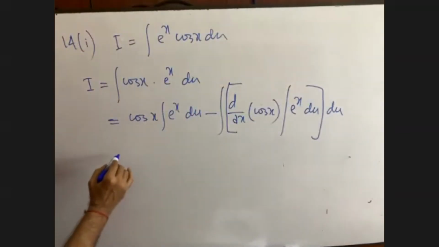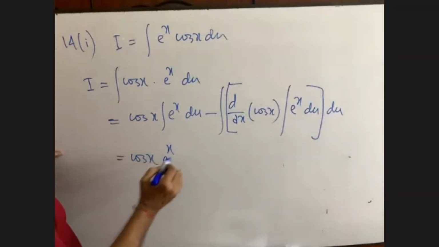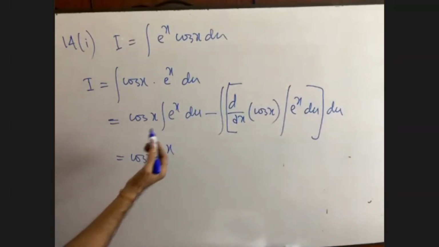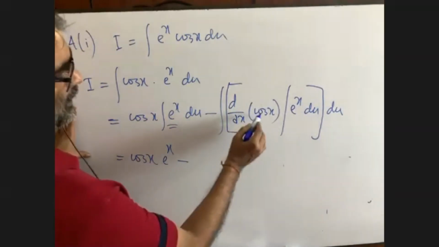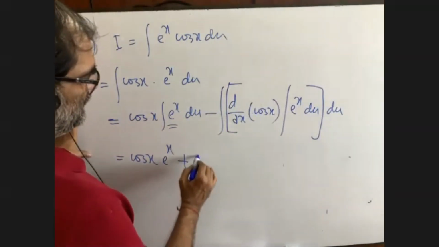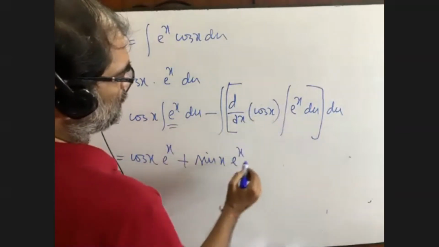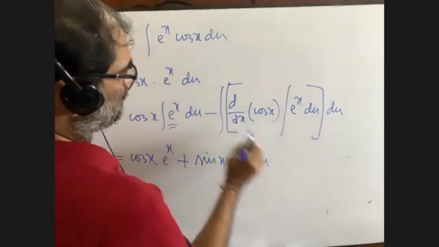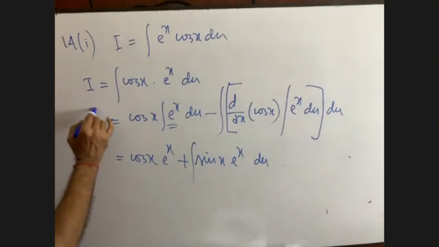So we are getting cosine x, e to the power x. As there is no change, e to the power x equals e to the power x, so we'll let it be. Minus, this is sine x, so it is plus sine x, e to the power x dx. This is integration sign. And of course it is I.